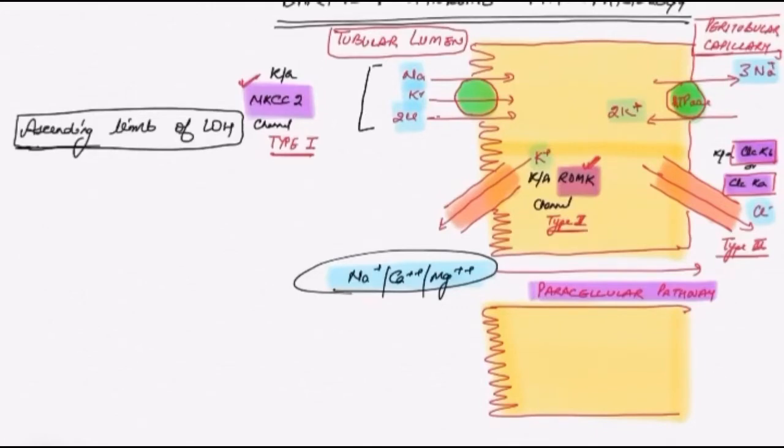Let me explain the normal physiology first, and then we will come on to the Bartter physiology. Normally there is a concentration gradient driven by this ATPase over here. This ATPase channel makes 3 sodiums go out of the cell and takes 2 potassium into the cell.